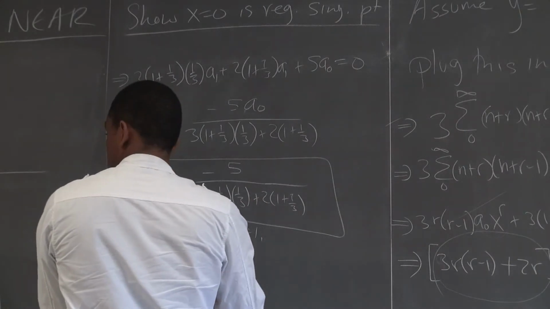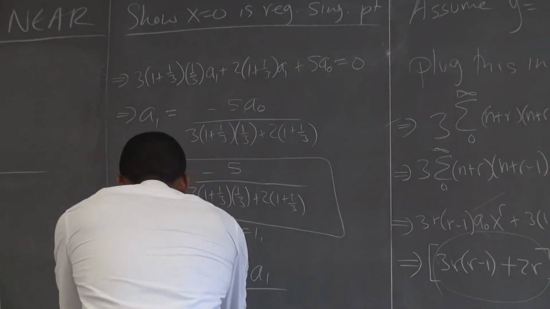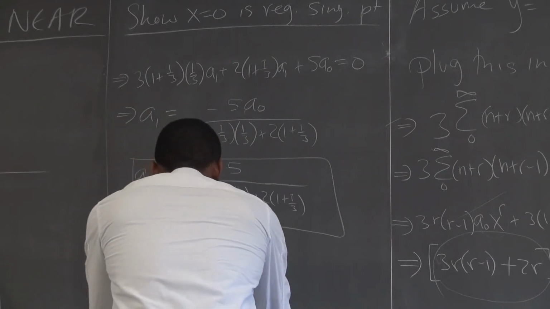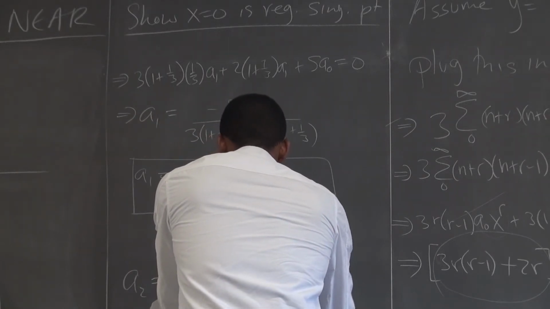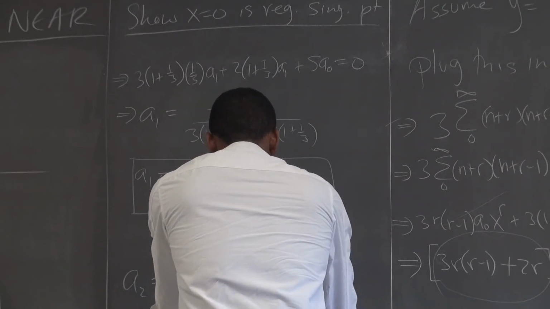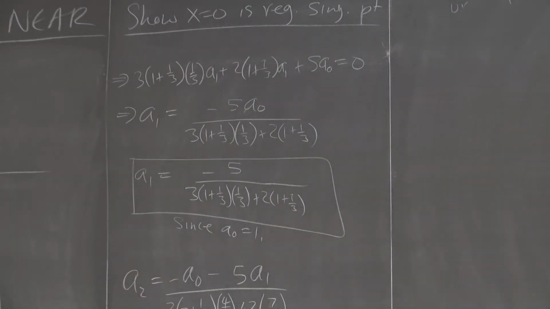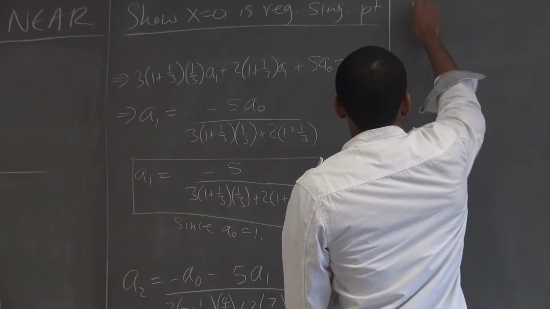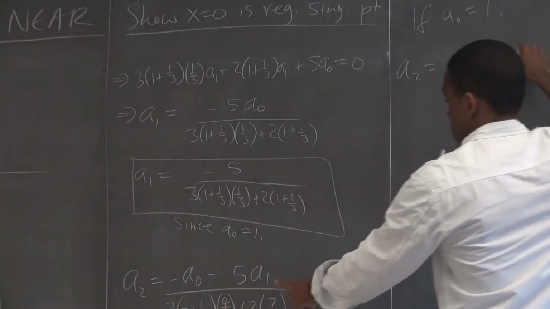So I'm going to get minus A0 minus 5A1 over 3 times (2 plus 1/3) times... I'm plugging in n equals 2, so this is 4/3, plus 2 times (2 plus 1/3), that's 7/3. Since A0 equals 1, this gives us A2 would be minus 1 minus 5 times this guy.